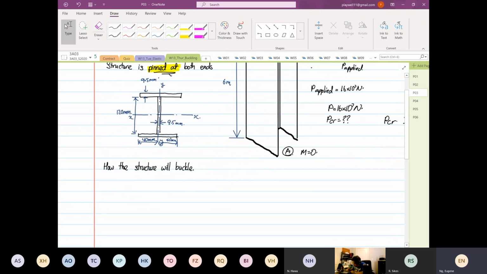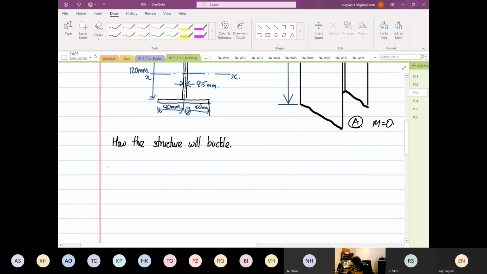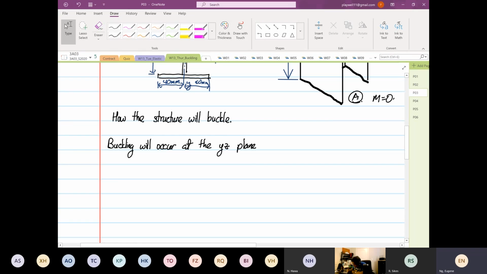Buckling will occur at the YZ plane. So I'm going to sketch our YZ plane now.